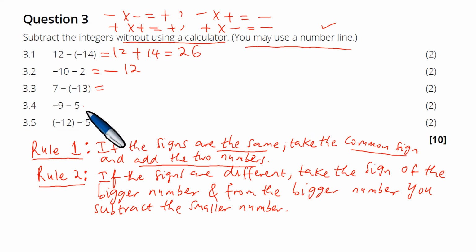Okay, let's look at 3.3. What do you think the answer is to 3.3? Because it's 2 marks, I'm giving you 2 minutes to think about it, and you let me know when you're done.